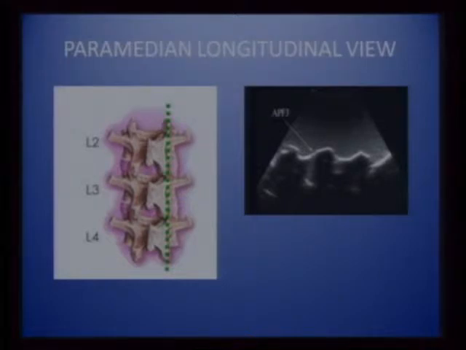Now, if you go a little more laterally and put your ultrasound transducer overlying these facet joints, you will see that these are the articular processes of the facet joints. So this is one continuous line of bone, and does not allow any ultrasound beam to pass through. And these actually resemble camel humps.